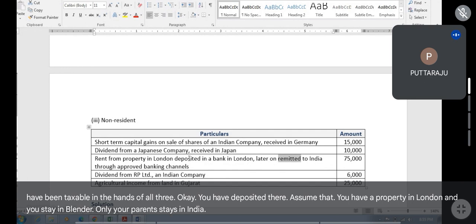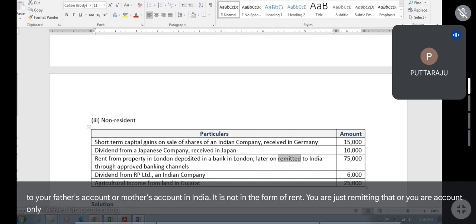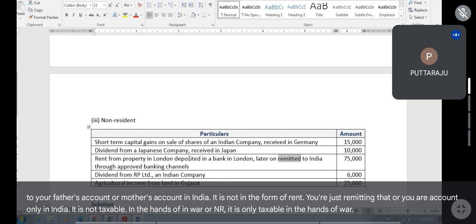You received the rent in London. After receiving that, you transfer it to your father's or mother's account in India. It is not in the form of rent; you are just remitting it, or to your own account in India. It is not taxable in the hands of NOR or NR. It is only taxable in the hands of WAR, resident.